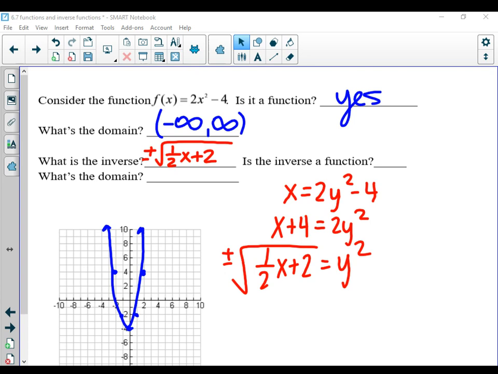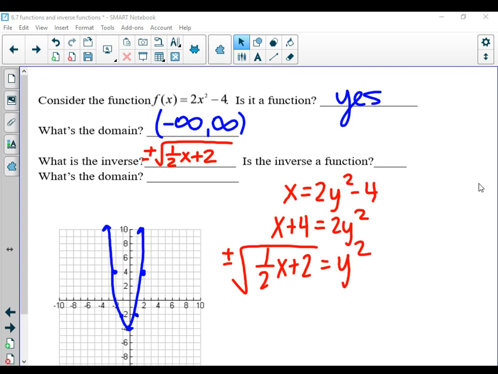Whoops, not that. So that's my original.